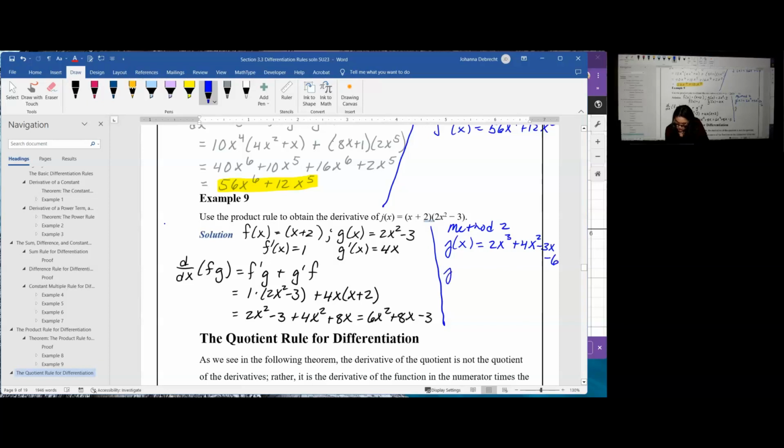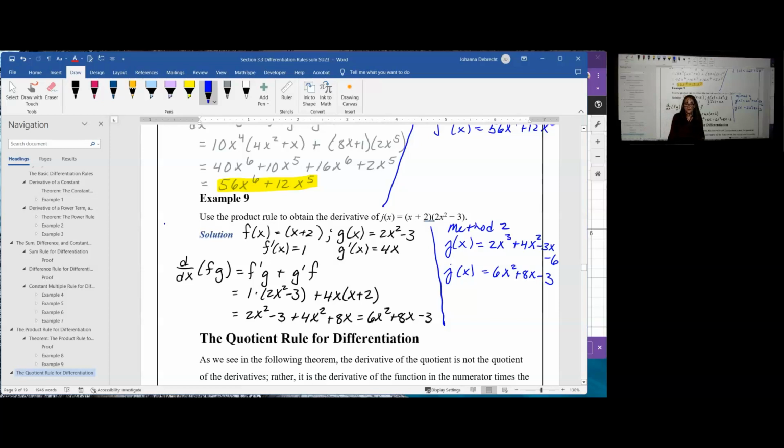And when I take the derivative of that, I get 6x squared plus 8x minus 3, the same result I got using the product rule.